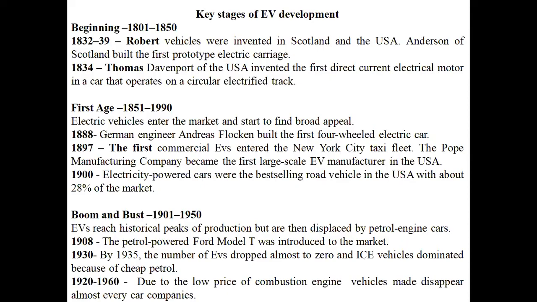Next one is key stages of electrical vehicle development, or the history of the electrical vehicle. The first one is the beginning, from the year 1801 to 1850. In 1832-39, the scientist Robert invented the first prototype electrical carriage.